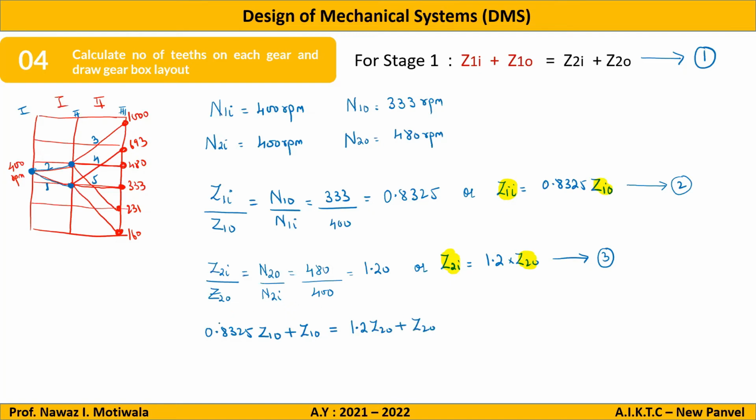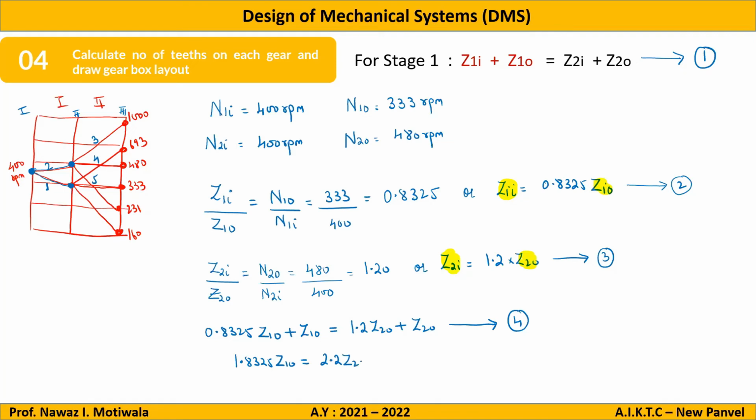So here you can see the entire thing, one of the inputs has been gone. Input इसमें है ही नहीं कुछ भी, सब output वाला आ गया. That means I have eliminated one of the unknowns. And let this be equation number 4. So what will it come to? 1 plus 0.8325, so it will be 1.8325 Z1O is equal to कितना आएगा? 2.2.